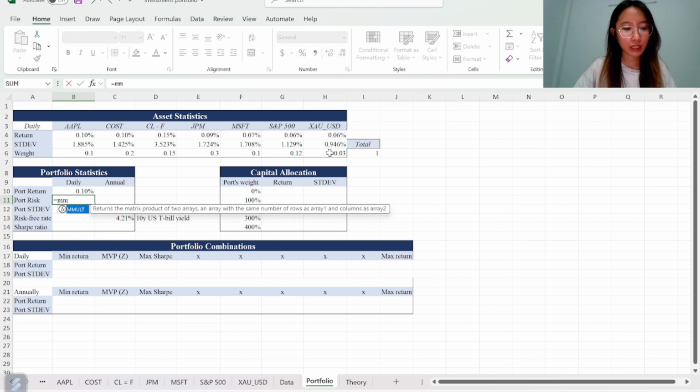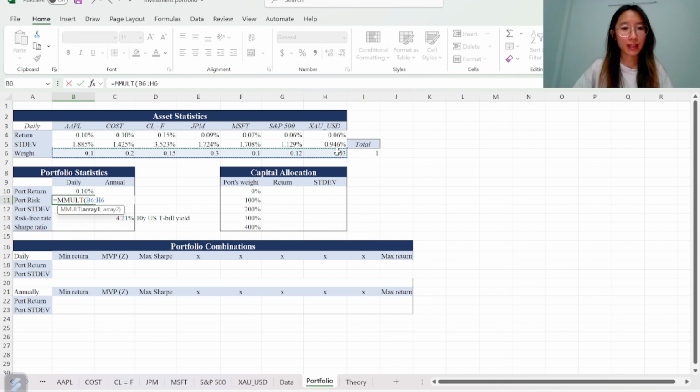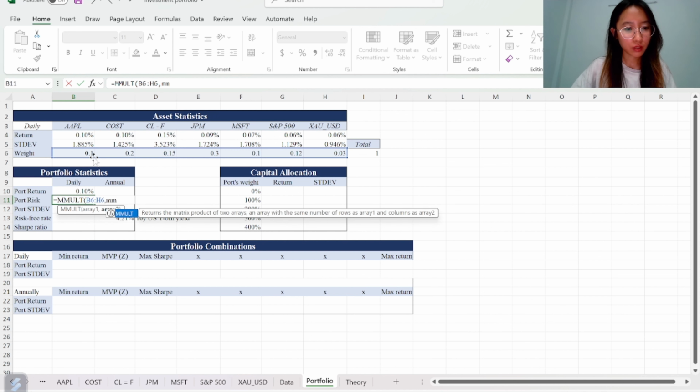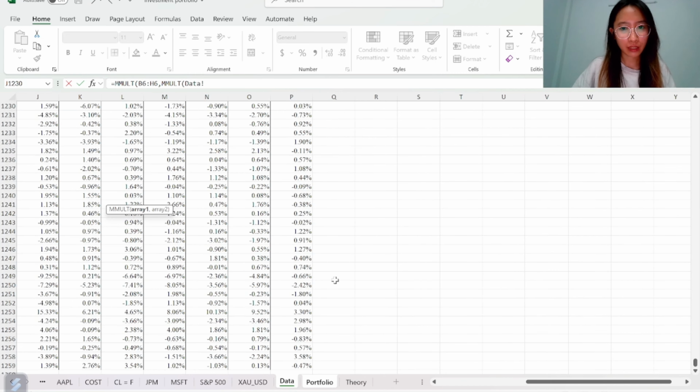We will use the matrix multiplication formula, and that is between the weight and the variance. Actually, the weight to the power of 2 and the variance. So it would be something like this.